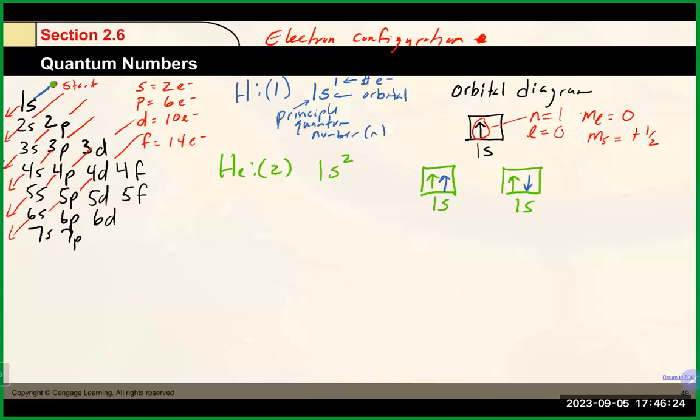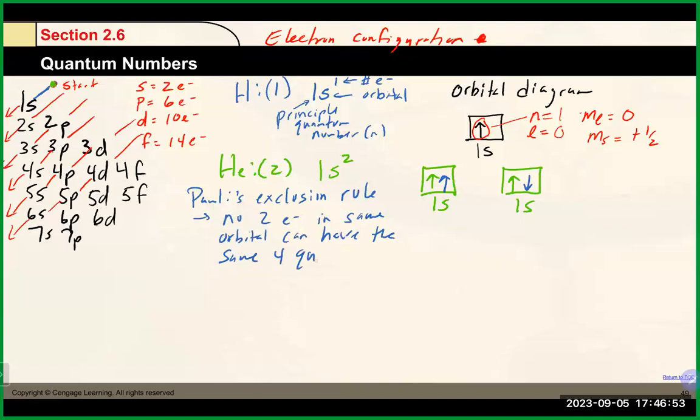There is a rule that we follow that is referred to as Pauli's exclusion rule. Pauli's exclusion rule basically says that no 2 electrons in the same orbital can have the same 4 quantum numbers. Following this rule will help us determine the proper way to do this.